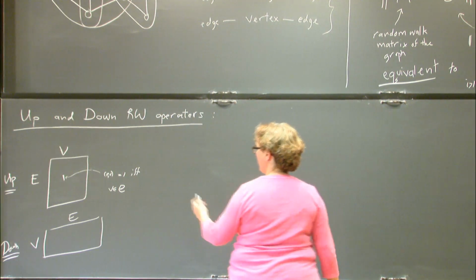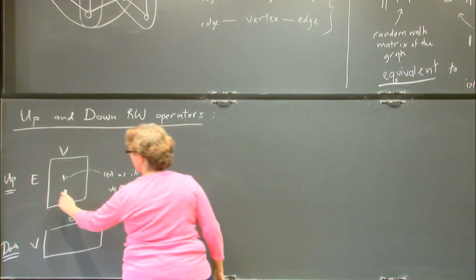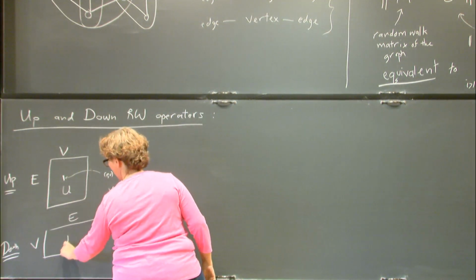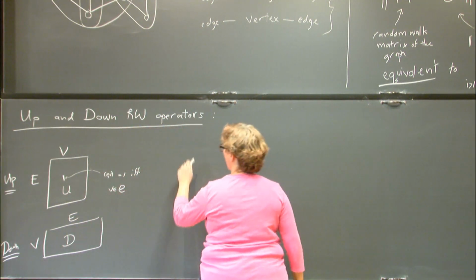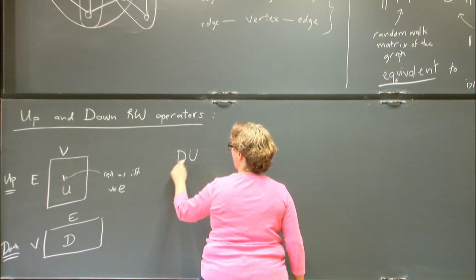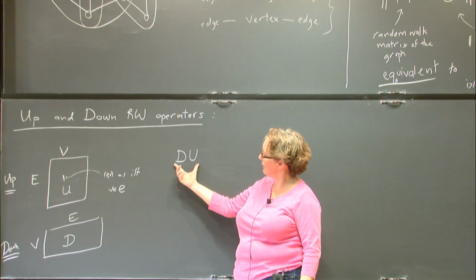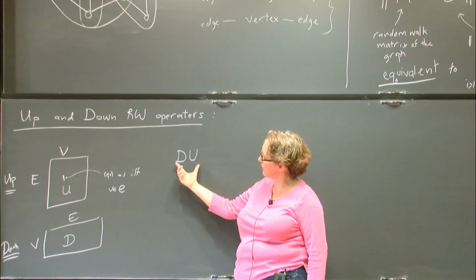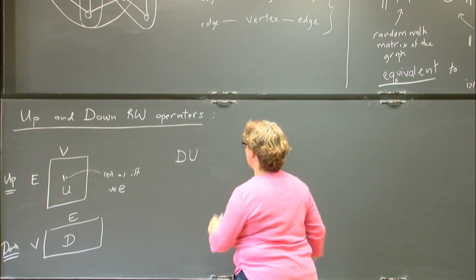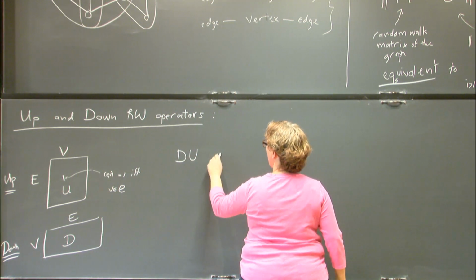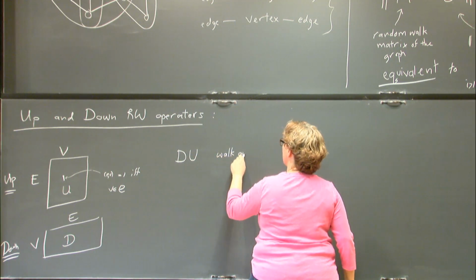Let me denote this matrix by U and this matrix by D. Now I can look at this. This is a matrix, right? What are the dimensions of this matrix? V cross V. So this is a walk on the vertices.